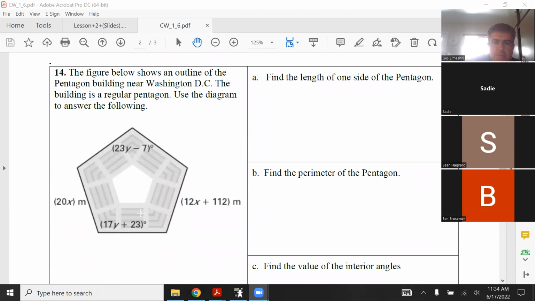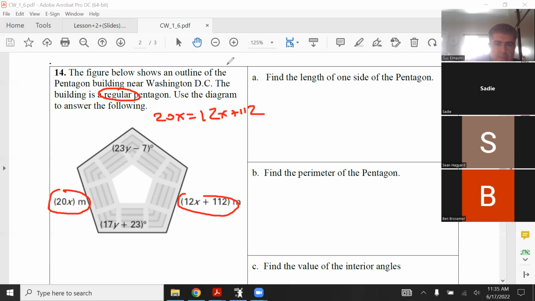Okay, last one. You're told it's regular, so all the sides are the same. These are your sides right here. So 20x has to equal 12x plus 112.